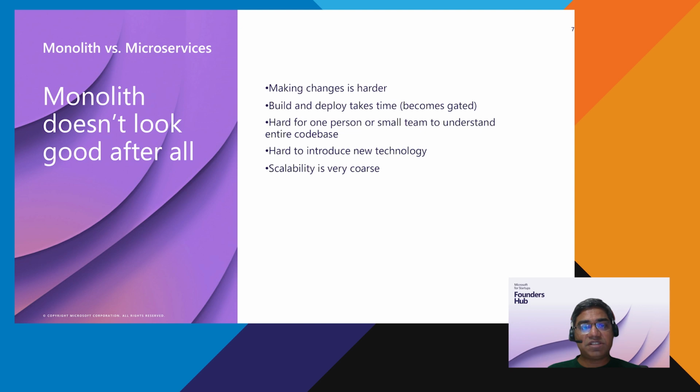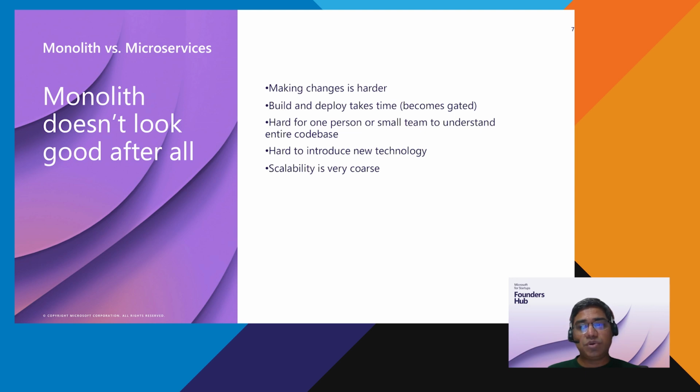Monolith also has downsides. As you grow, making changes is harder. Build and deploy takes time. That becomes the gating factor for deploying anything to production. Because it's one code base, as the team grows, it might be hard for one person or a small team to understand the entire code base.